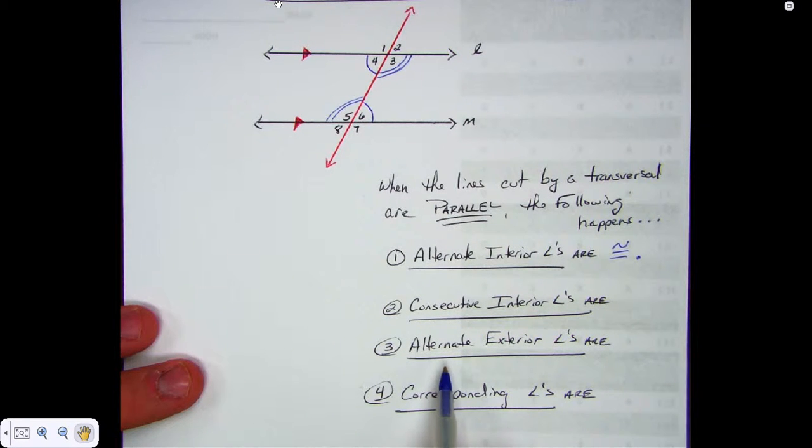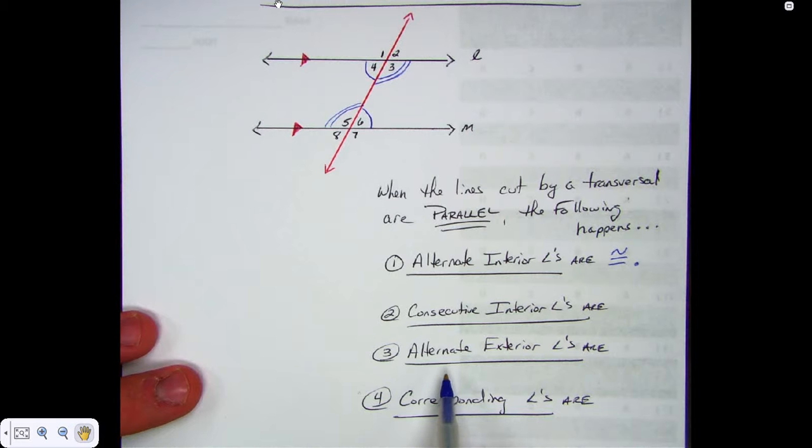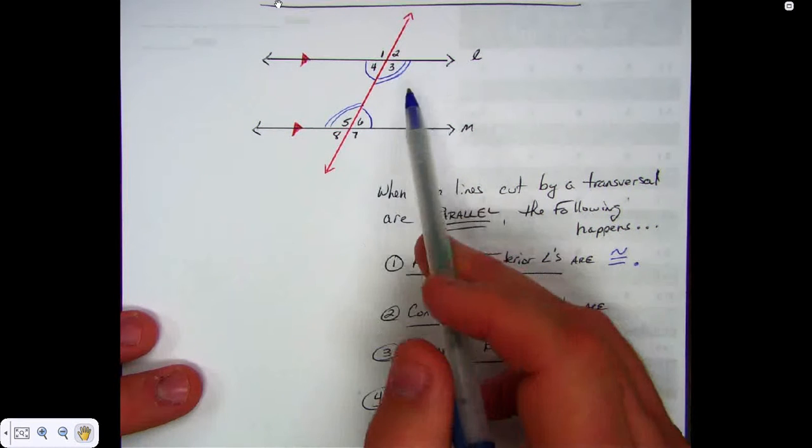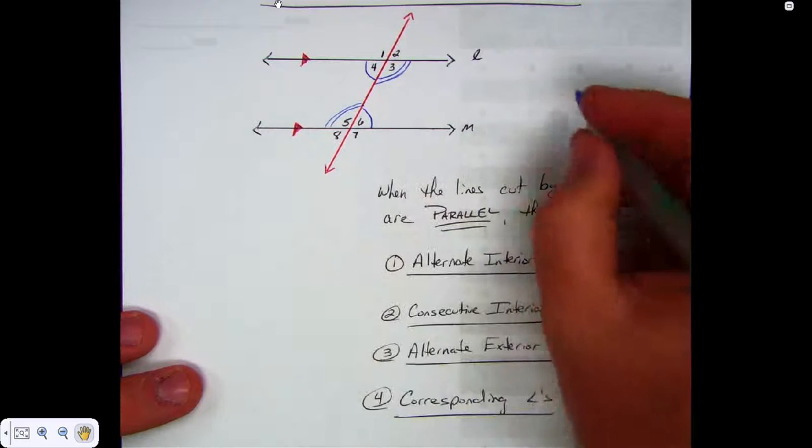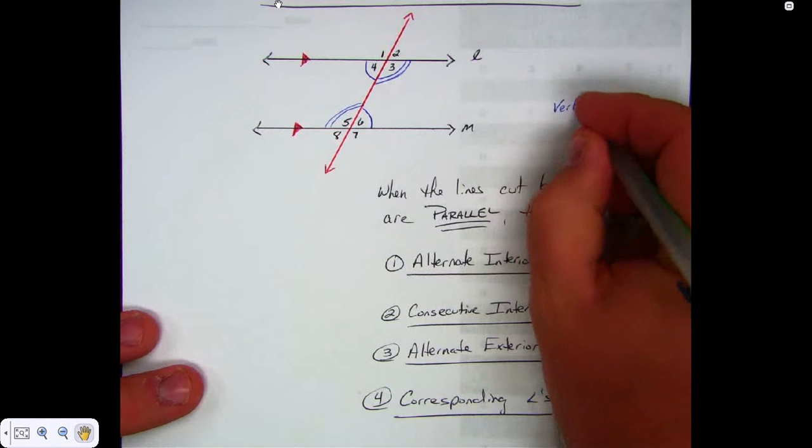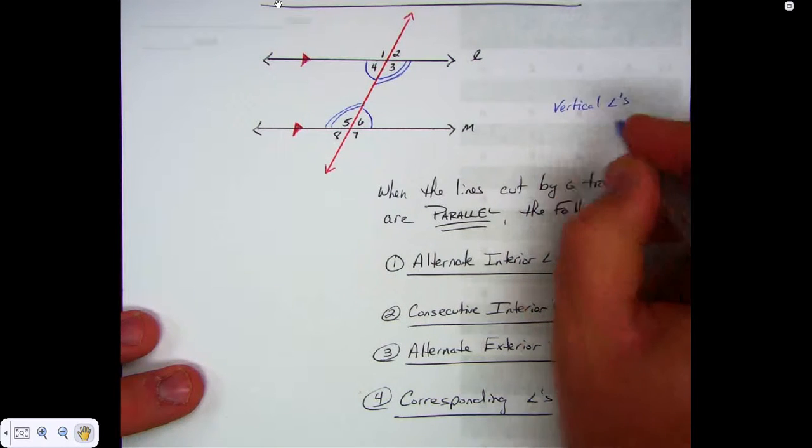Let's go down to alternate exterior angles. 1 and 7. Huh? They look congruent, don't they? Now, let me ask you something though. We can't forget about what? Vertical angles.